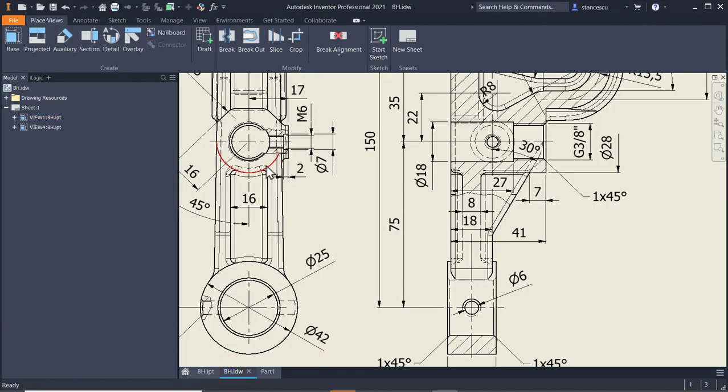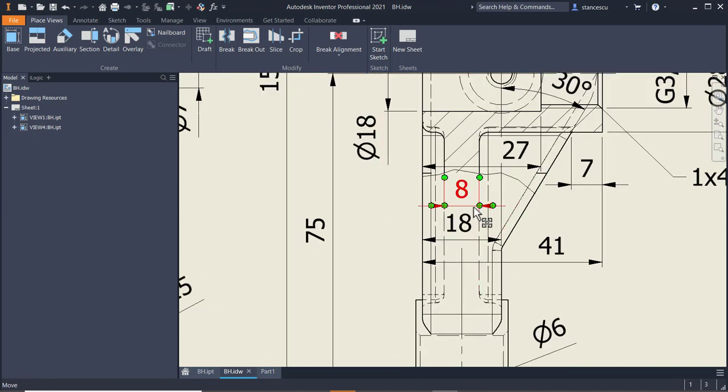Next is this pocket, which is creating a mid volume of 8 centered on this 18. So the distance from here to the bottom of the pocket is 18 minus 8 divided by 2.